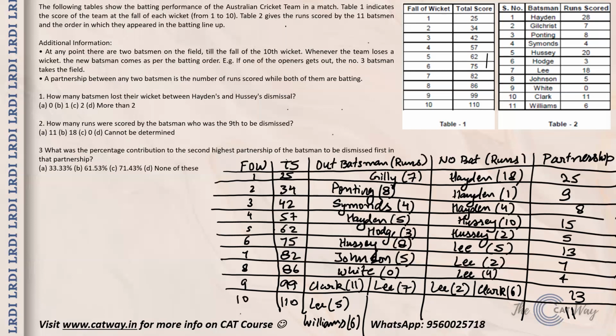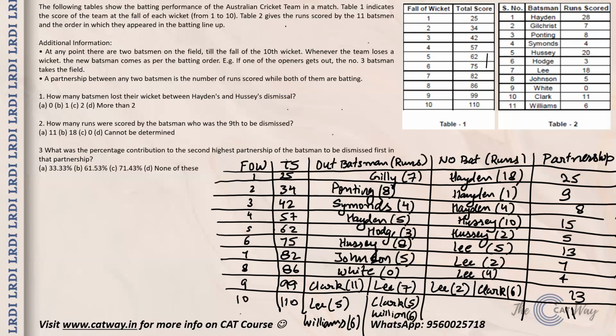Or the other possibility is that if Clark remained not out, then Clark had to score 11. He has scored 6. So either he could be the person who got his next 5 runs and got out, or it could be Williams who scored his 6 runs and got out in this partnership.